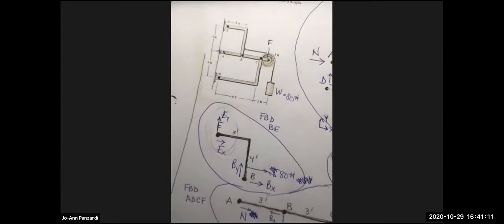So let's take a look then at this problem. And I know you liked the other copy of it, so let me pull out the other copy and then we could zoom in.